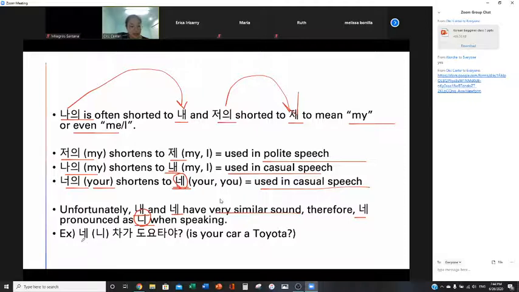So if you're asking is your car a Toyota, when you write it, it should be this way, but when you speak, you will say 니. 네 차가 도요타야? 네 차가 도요타야?